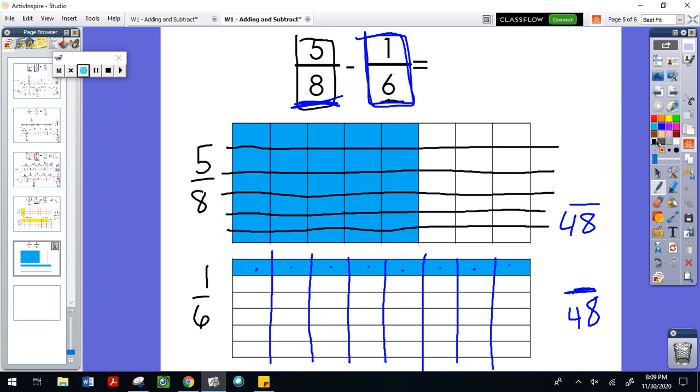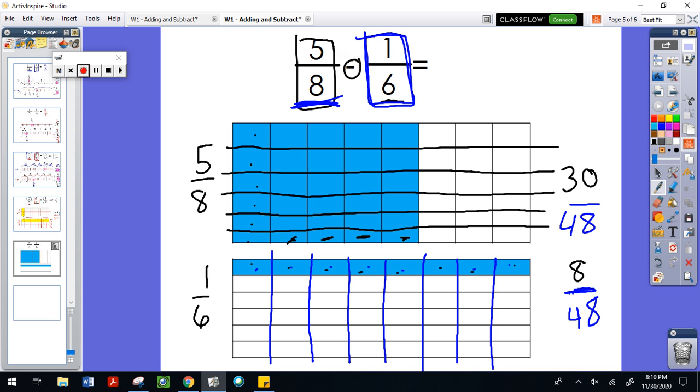So what I'm going to do is figure out how many blue pieces I have in the top rectangle. And I have 1, 2, 3, 4, 5, 6. This would be 12, 18, 24, 30. So I have 30 48ths. And then in the other rectangle, I have 1, 2, 3, 4, 5, 6, 7, 8 48ths.